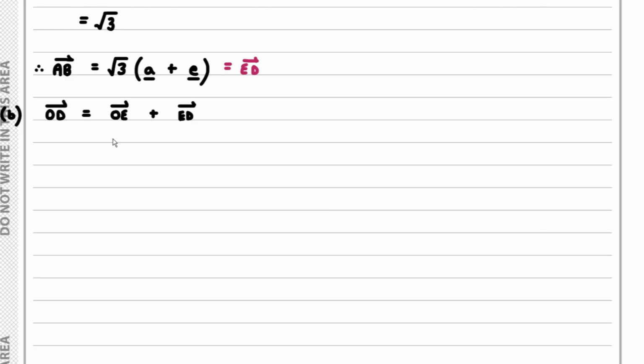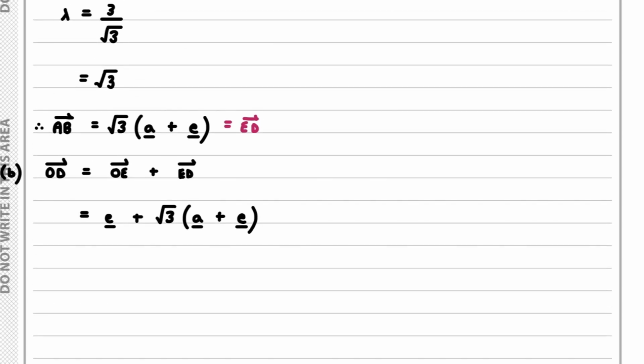Now we know what OE is, that's just E. And ED, that is what we've just worked out here, root 3 times by A plus E. So let's simplify. We have root 3A plus root 3 plus 1 E.